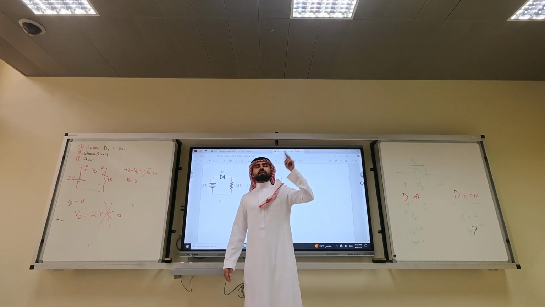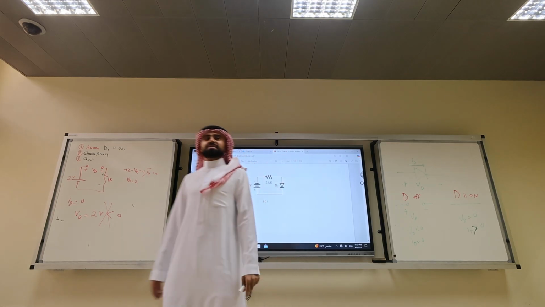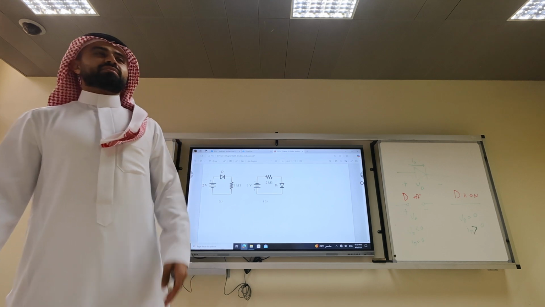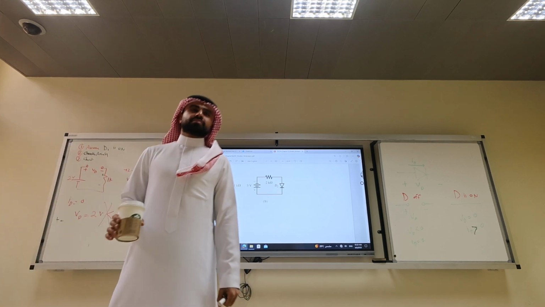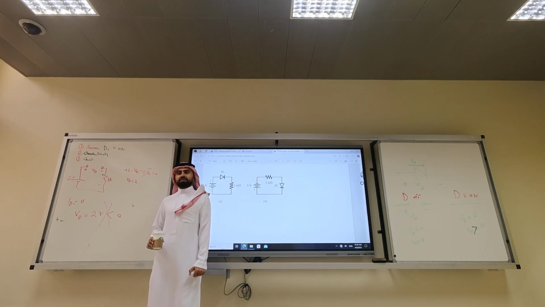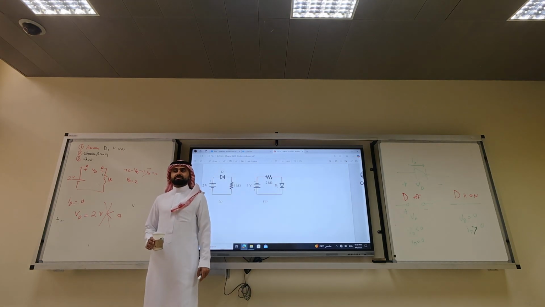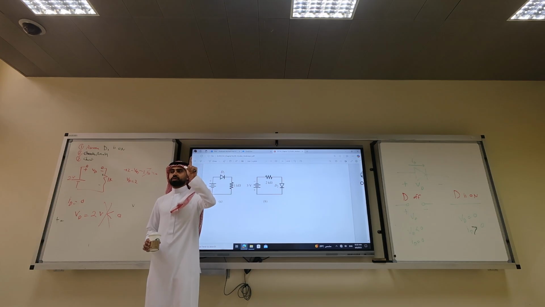So what are the metrics? Matrices. What's the plural of matrix? Matrices. Not matrix as in array. Matrix here means criterion. What are the criteria? VD and ID. Those are the 2 quantities you try to find using the analysis.